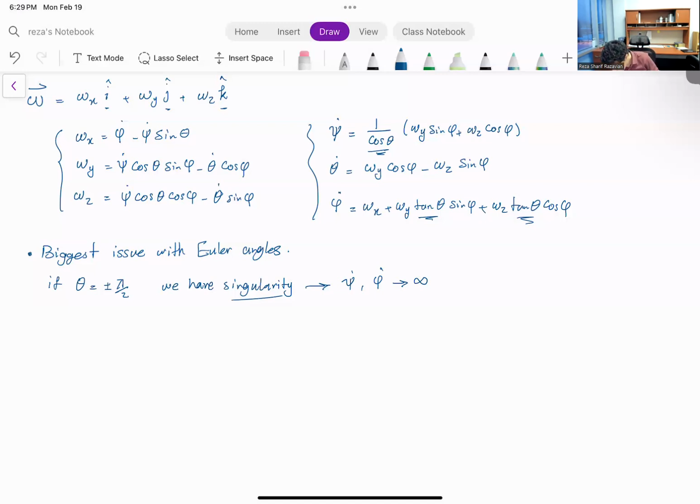Let me see. Is there anything else? Oh, one last thing that is useful to mention: singularity happens if you want to go from a known rotation and find the Euler angles.